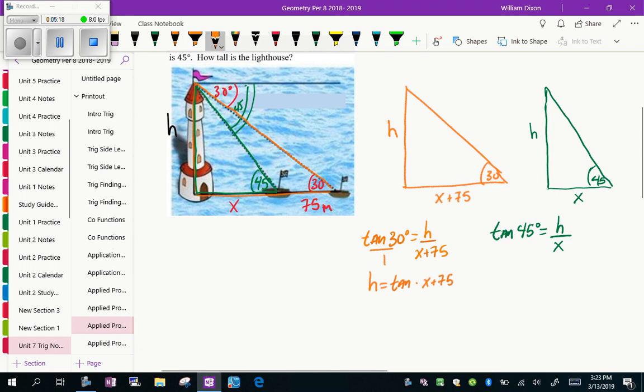And on the other side, once I cross multiply, I get h equals x times the tangent of 45 degrees. And over here, I forgot my 30.